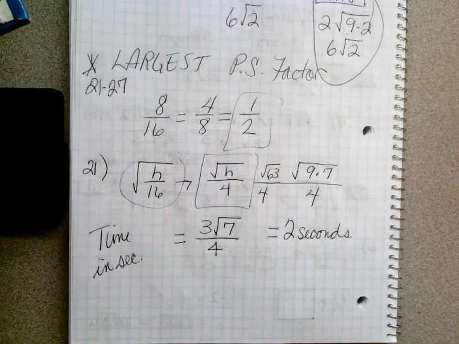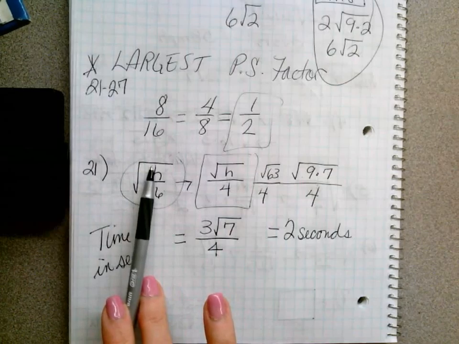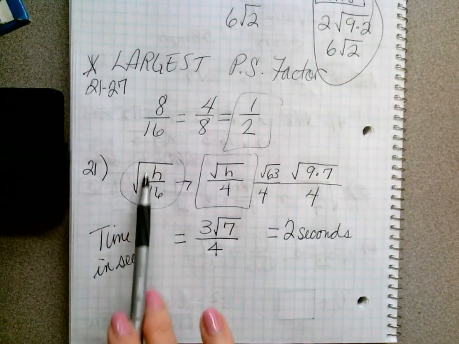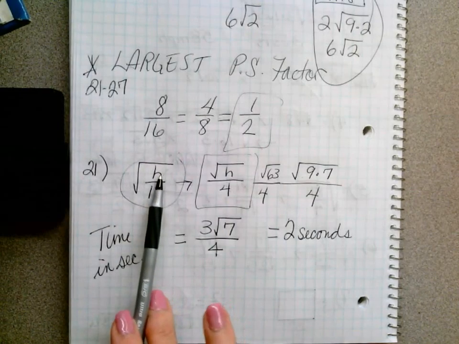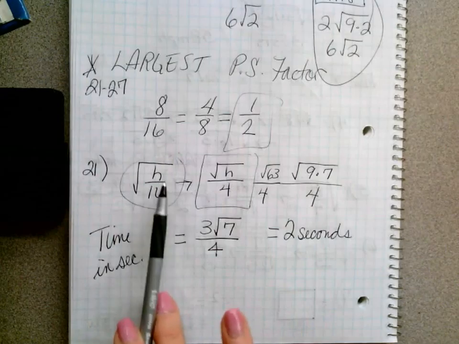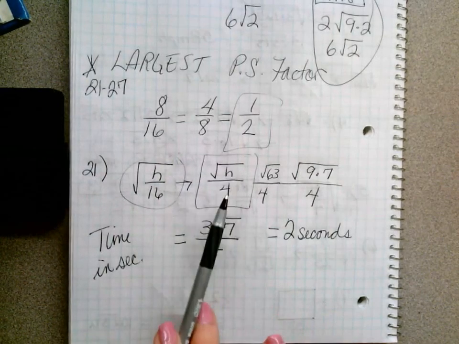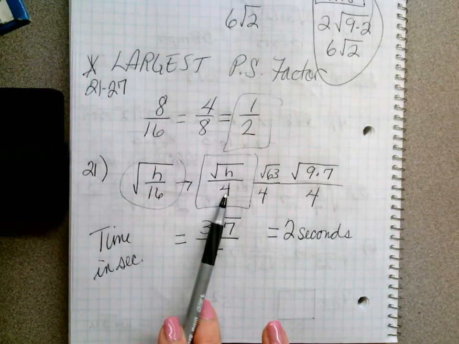So again, it says you can use this expression to determine the time in seconds it takes an object dropped from a certain height. So whatever the height is gets plugged in here. Then I simplified it, because rather than dividing the square root by 16, if I simplify it and divide it by 4, it's easier.